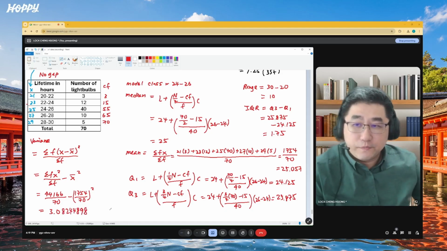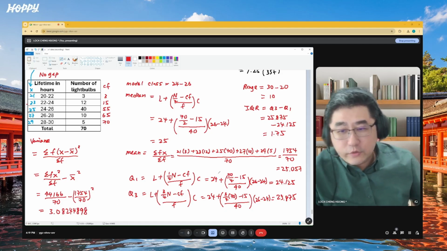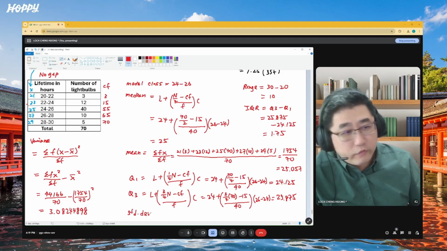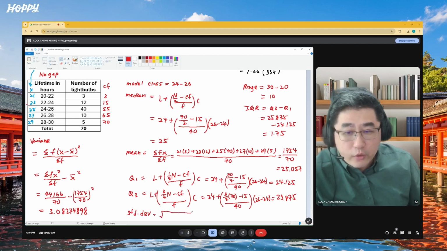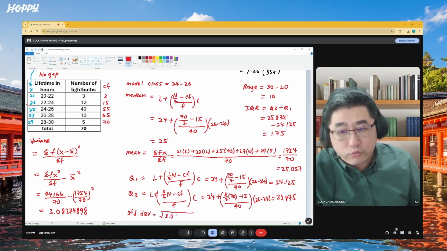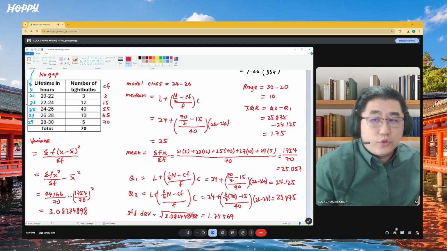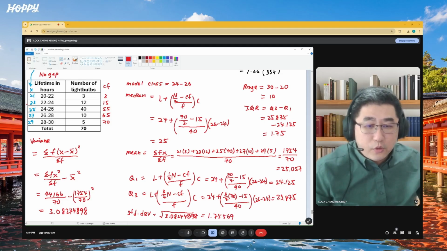In the end, for standard deviation, it is the square root of the variance, so square root of 3.08244898. I will get my standard deviation as 1.75569. So this will be the example without gap.